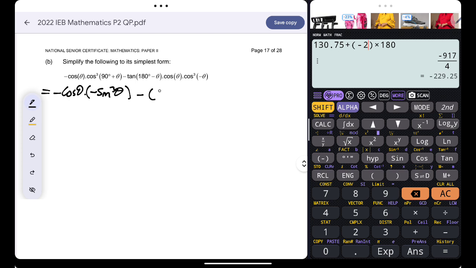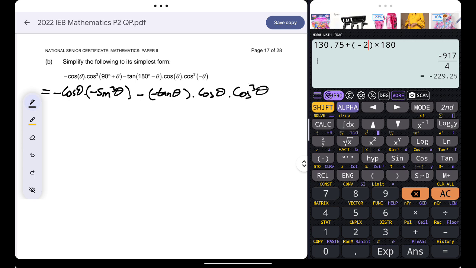Minus tan of 180 minus theta: 180 minus is in the second quadrant. Tan is negative there. I have negative tan theta multiplied by cos theta, which is already reduced, and then negative theta is in the fourth quadrant. Cos is positive there. Okay, so this means I have negative and negative.